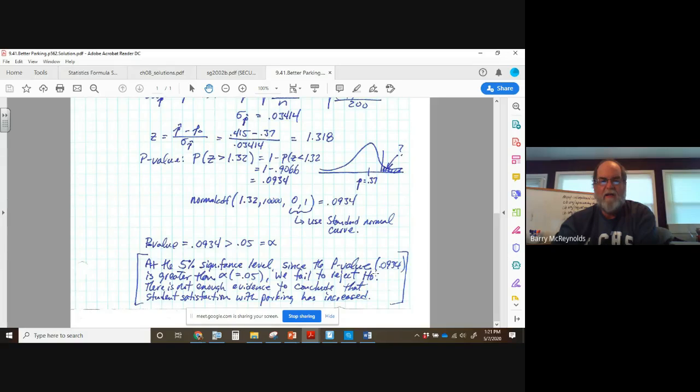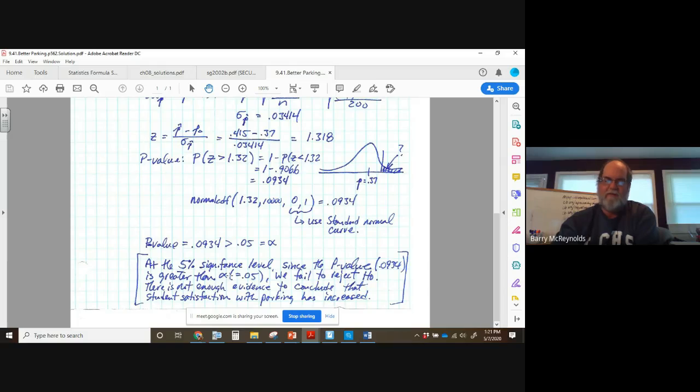That's the first part. The second part is you want to state your answer in context of the question, and that's what the second sentence is. There's not enough evidence to conclude that student satisfaction has increased. So there are 2 parts to interpreting a significance level.